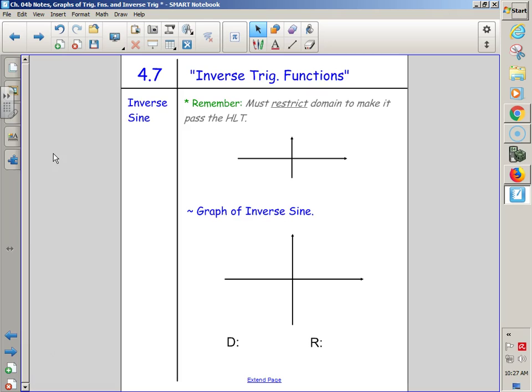You guys are used to the second sine, second cosine, second tangent buttons. But inverses are not the same as the reciprocals. Before we get to that, today we're only going to get to inverse sine.